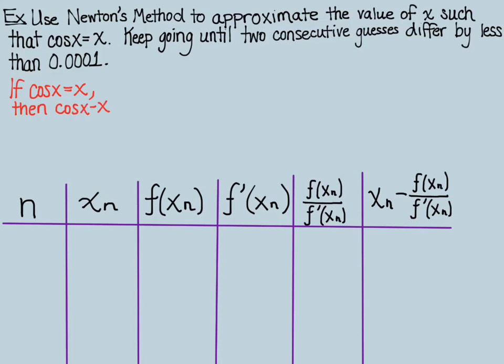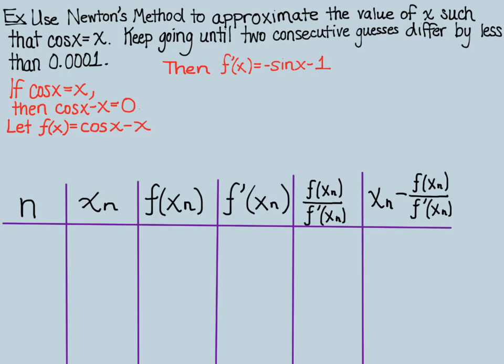Notice that if cosine x equals x, then cosine x minus x equals 0. So let's let the function f of x be cosine x minus x. Notice that that means that the derivative, f prime, is going to equal negative sine x minus 1.